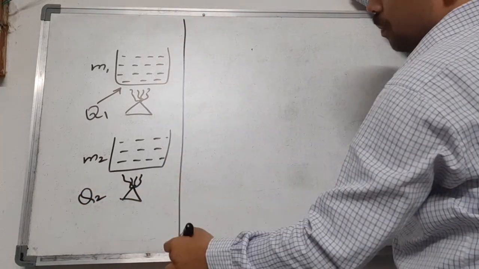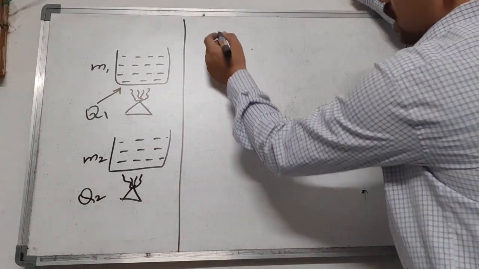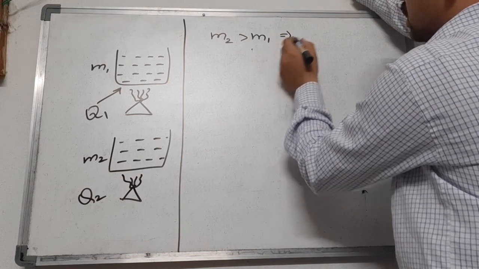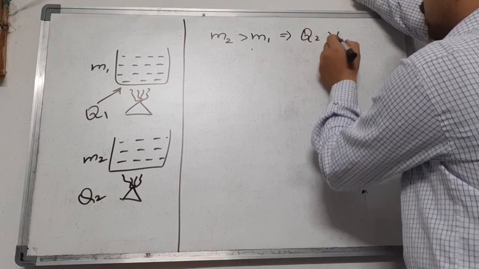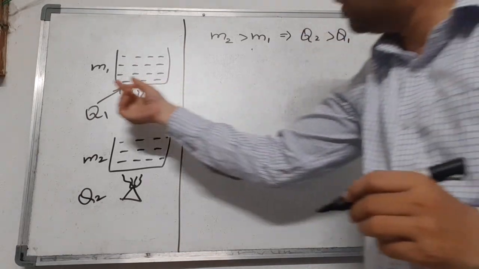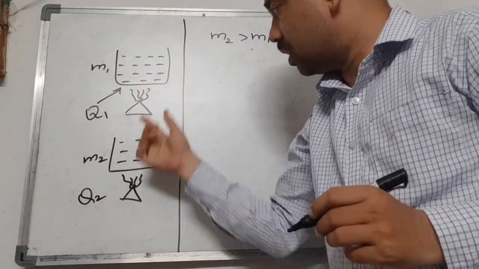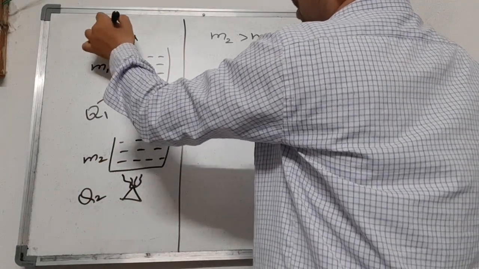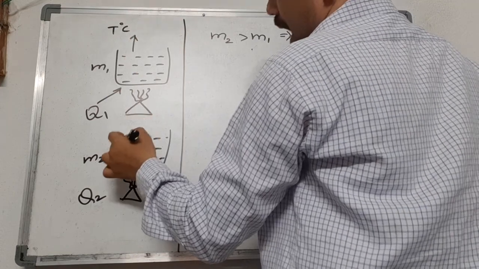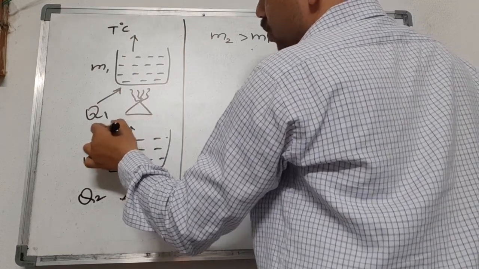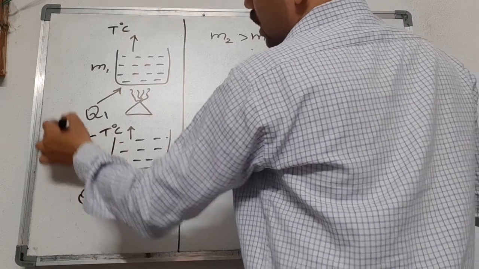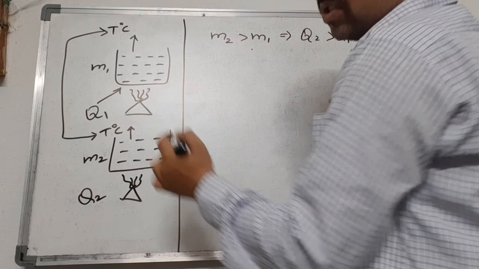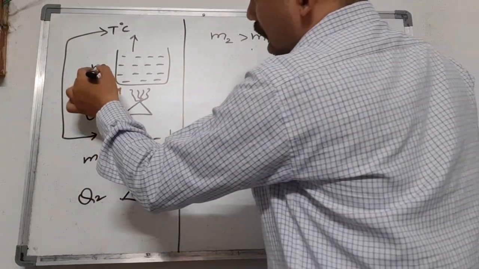From this experiment, if m2 is greater than m1, it implies that Q2 must be greater than Q1.